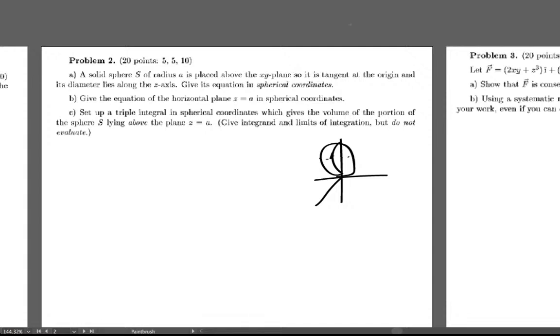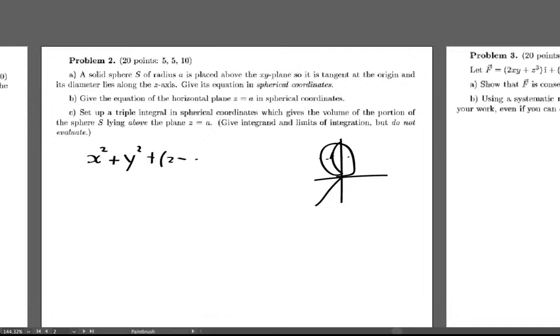So basically, the way to make a sphere, you need to know about the center first, which in this case would be at x equals 0, y equals 0, and then z at a.